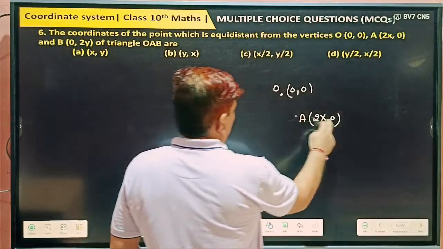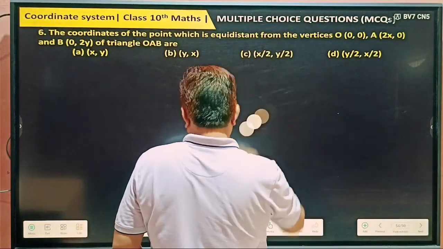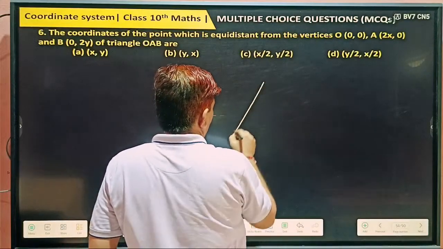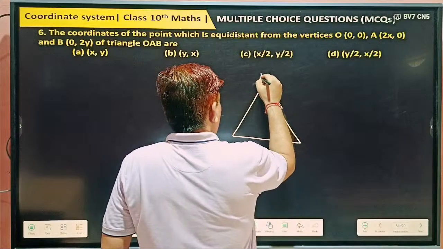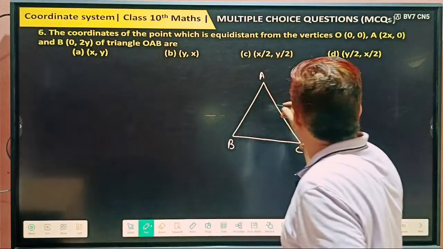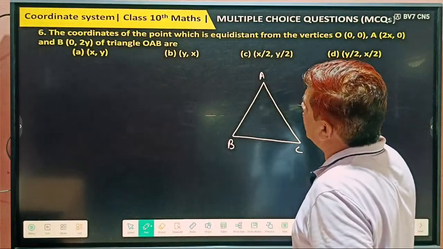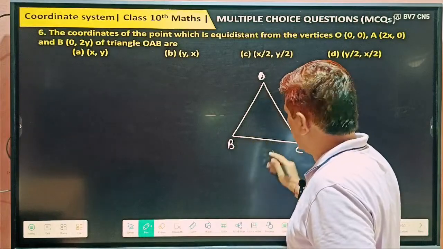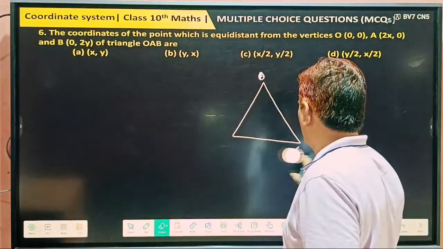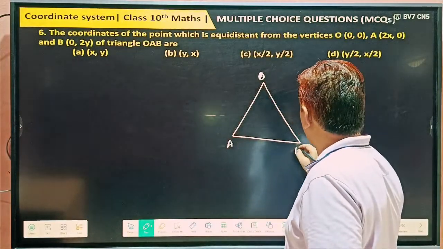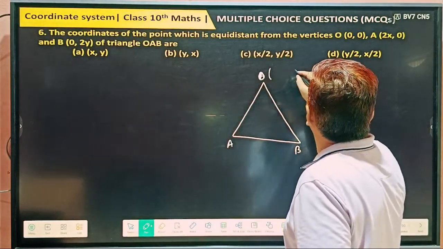So what's taken? We are having a triangle. So this is the triangle we have taken. A, B, C, not A, B, C. O, A, B. So this I can write O, this I can write A, and this is B. What's the coordinate of this?